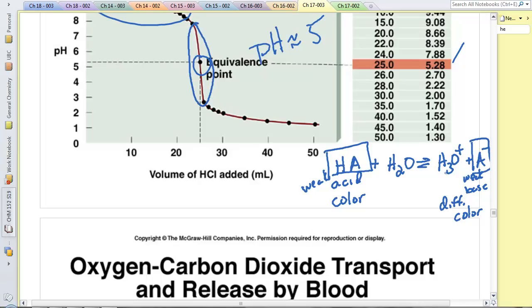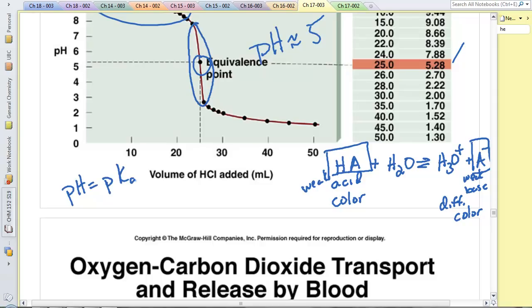If we think about a buffer where we have these two components equal, what is the pH of that buffer if the acid and base components are equal? Yeah, pH is equal to pKa.